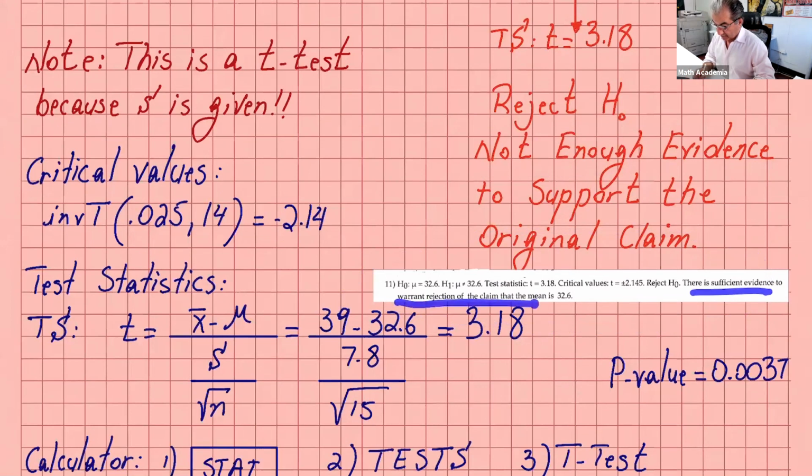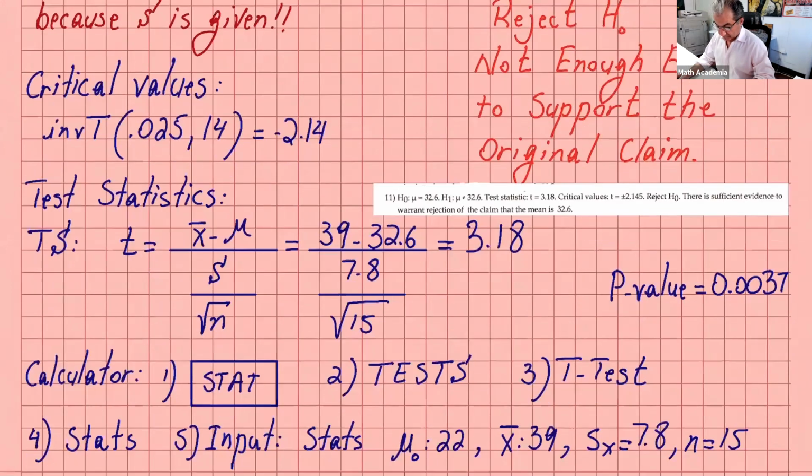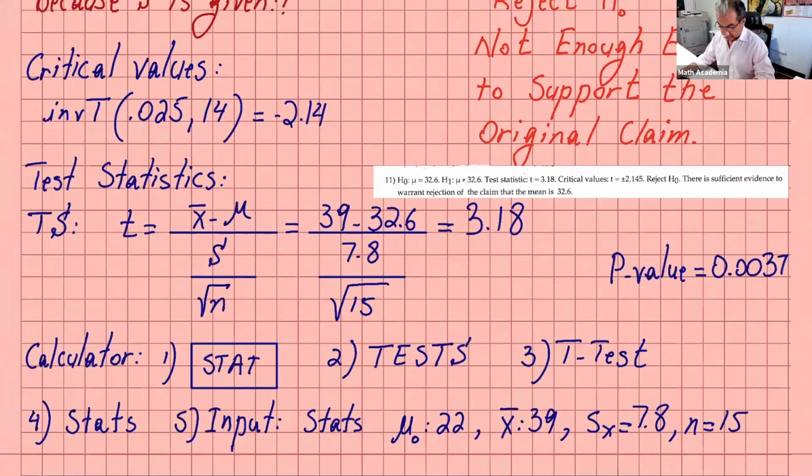Same thing here if you read it carefully. So I won't go over this now because I already told you how it works. On the calculator, you go to stat test, and this time it's t-test. And I can share that to show you.